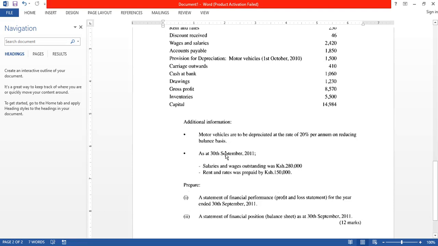In simple terms, they want us to get the net profit ourselves. It is not like the other question we have done whereby the net profit was provided. Here they have provided the gross profit, so we need to adjust this gross profit to get the net profit, which will be added to the capital when preparing the statement of financial position. So this is how you go about it.